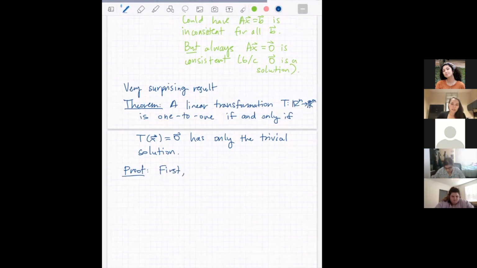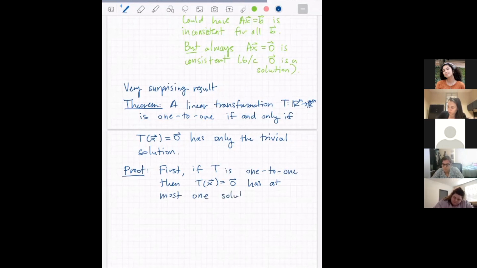So first, assuming that T is one-to-one, then we know that T of X equals 0 has at most one solution. That's just from the definition of one-to-one. But we know that this particular equation, because it's homogeneous, always has the trivial solution.